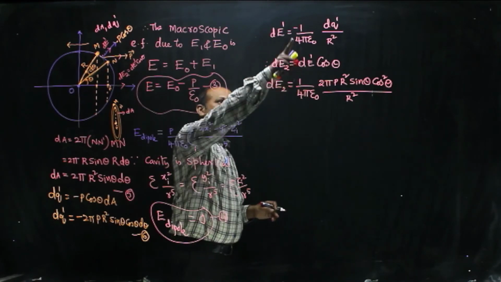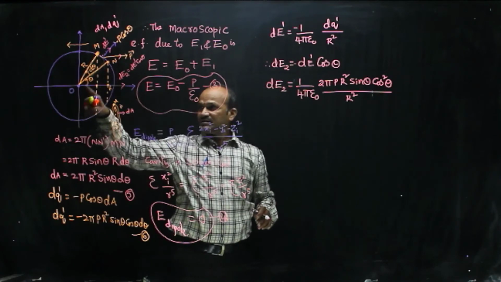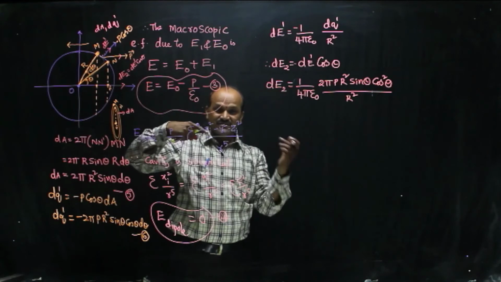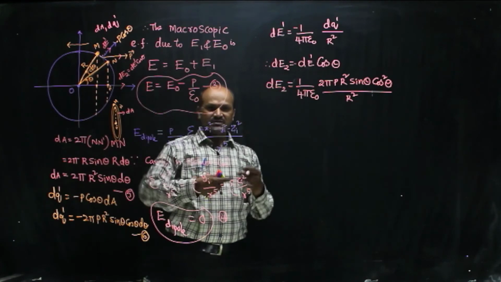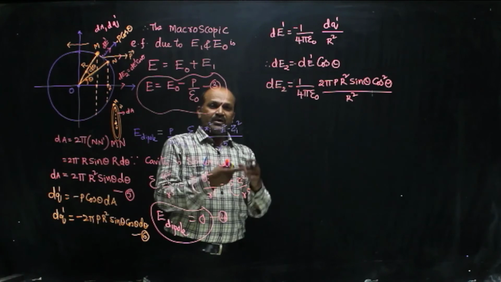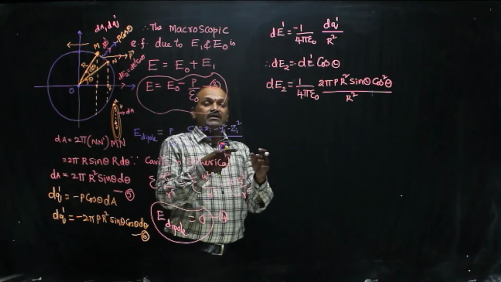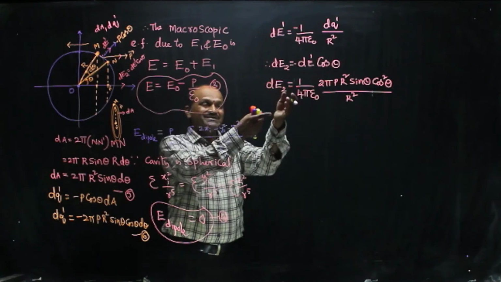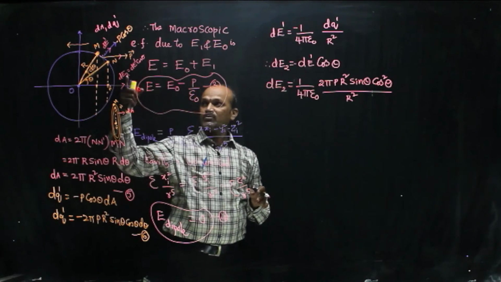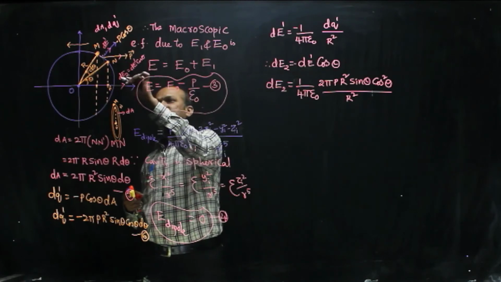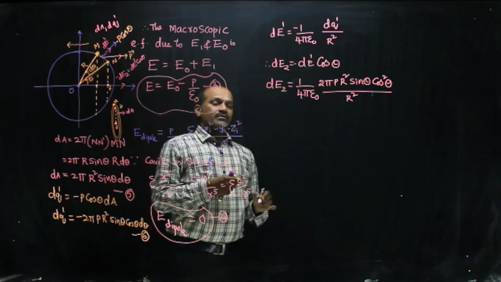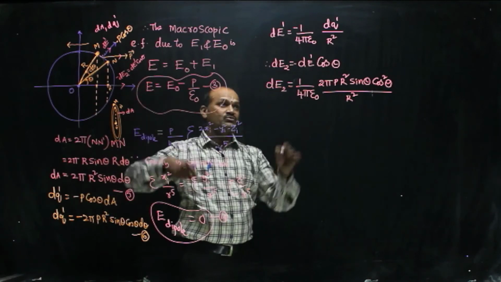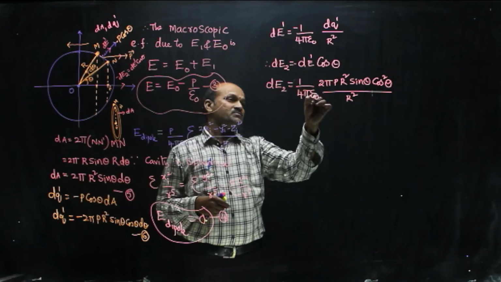This is minus because the field at O is in the negative x-axis direction, that is the depolarizing field direction. That's what we are calculating, dE2. But our intention is the field in the applied field direction, so you have to take minus. Anyway, dq dash is also minus, and when you substitute in this formula, it becomes plus.